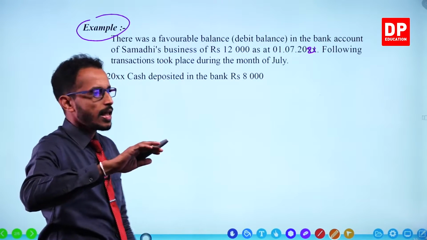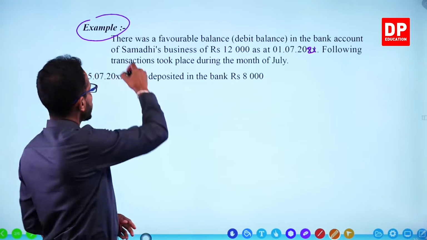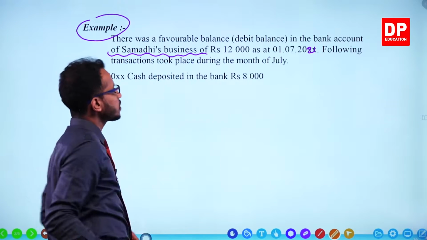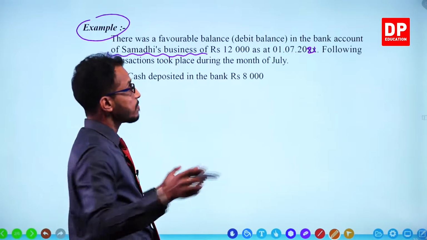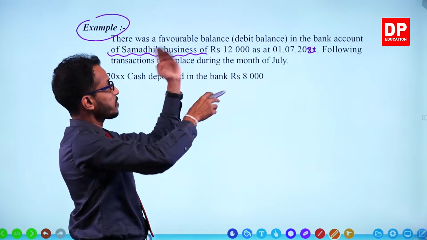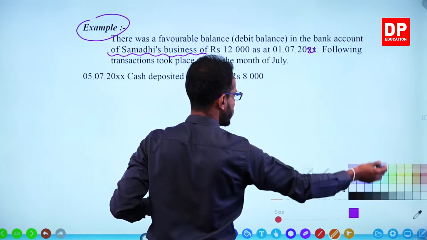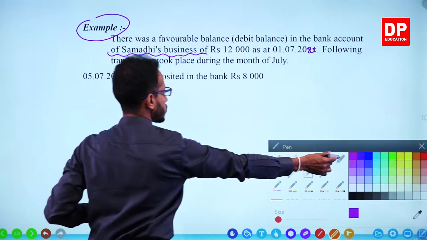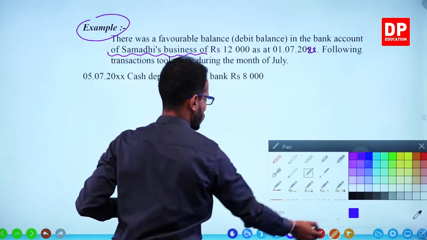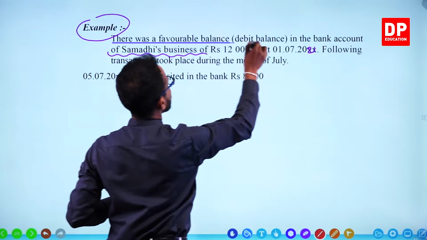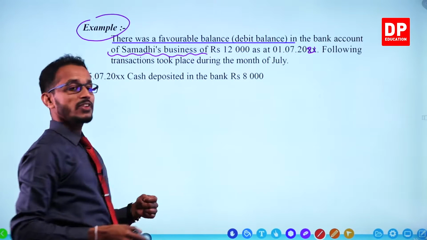Okay. Now, in Samadhi's business, she had no worry because she had a positive balance, a debit balance. She had no worries when the business started because the balance was positive, favorable balance.